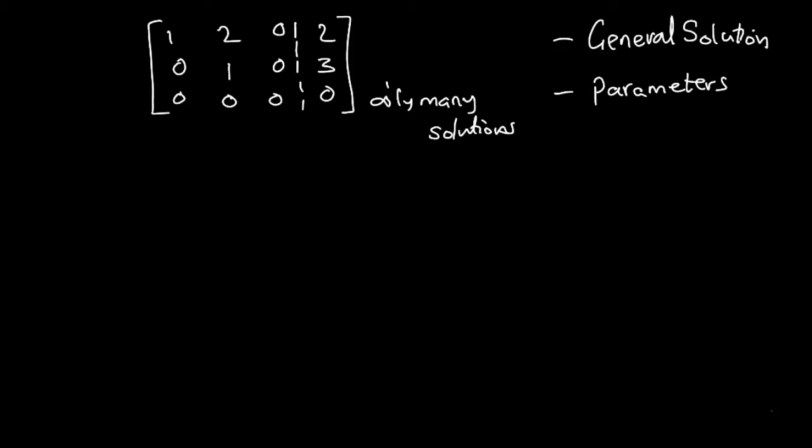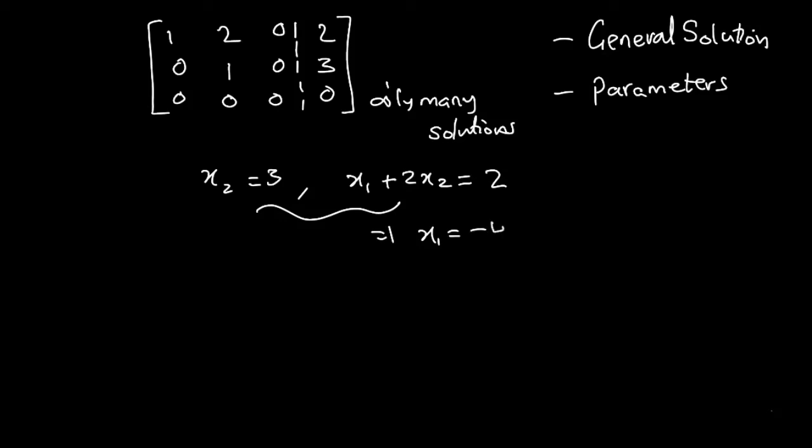Let us back substitute. And there's nothing that comes from the last row. We get x2 is equal to 3, and we get that x1 plus 2x2 is equal to 2. So if I put the 3 value in here, these two imply that x1 is going to be, well, 3 to 6 goes to either side, so it's going to be minus 4.